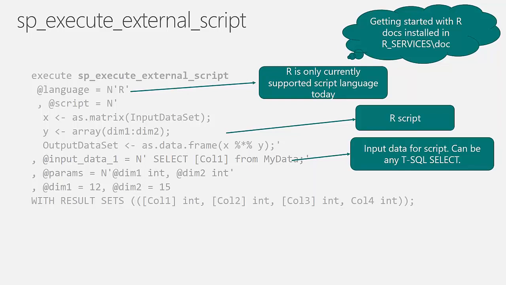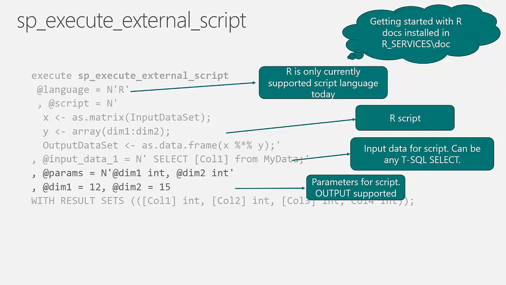Again, if you're familiar with T-SQL today, like there is sp_executesql, right? For executing dynamic SQL statements, this is similar to that, except you have R script in the middle. And then you can declare a bunch of parameters which you can pass to R, and then similarly you can get back results from R. So that's at a high level what the stored proc can do, right?